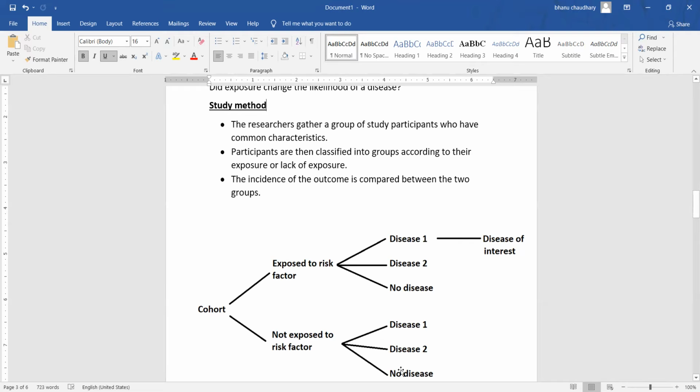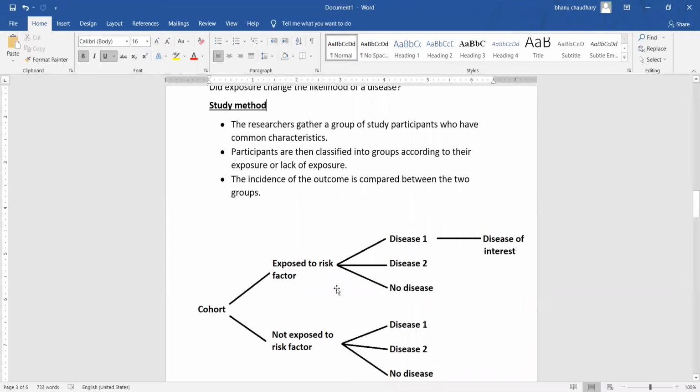Let's take an example of smoking. You have selected a cohort in which some individuals have the smoking status and some individuals do not, and now you want to determine whether smoking can increase the risk of lung cancer or not. But you also know that smoking can cause certain other types of cancer, like esophageal cancer, gastric adenocarcinoma, and renal cell carcinoma, right?